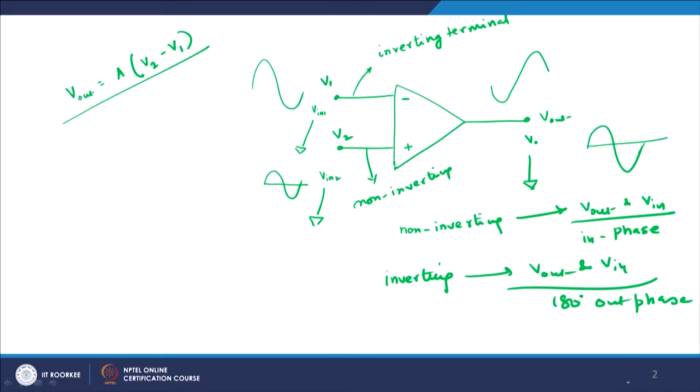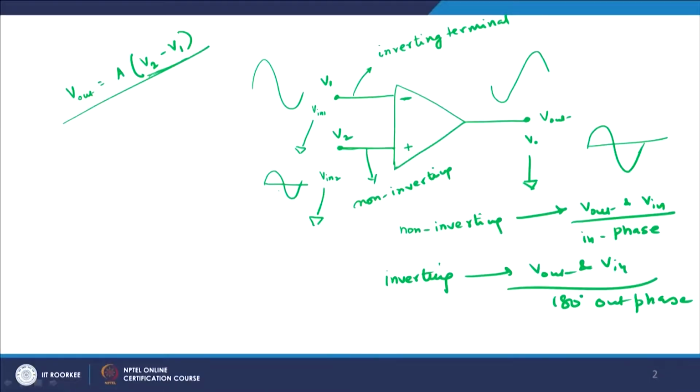Now you see it is V2 minus V1, why? Because V1 is connected to the inverting terminal, so whatever input you give there will always be phase shifted by 180 degrees, whereas V2 is my non-inverting terminal. The difference between the two signals, multiplied by A, is basically my output.